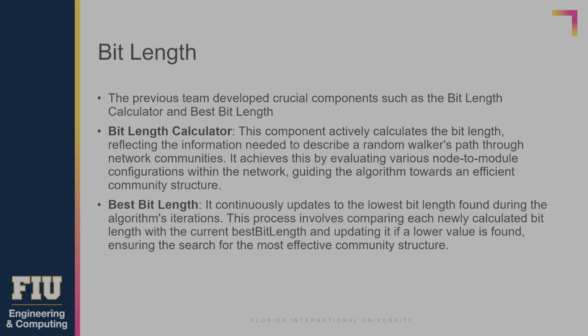It achieves this by evaluating various node model configurations within the network, guiding the algorithm towards an efficient community structure. The best bit length is continuously updated to the lowest bit length found during the algorithm iteration. This process involves comparing each newly calculated bit length with the current best bit length and updating it if a lower value is found, ensuring the search for the most effective community structure.